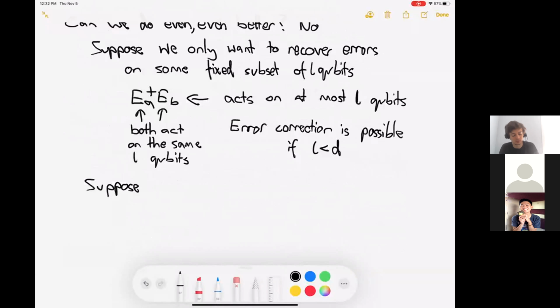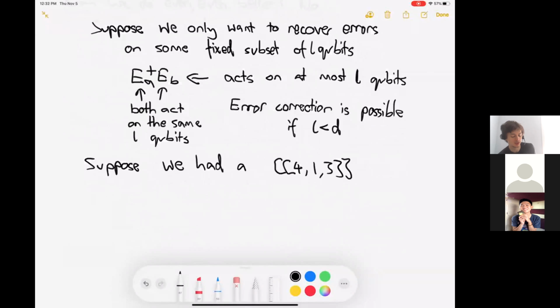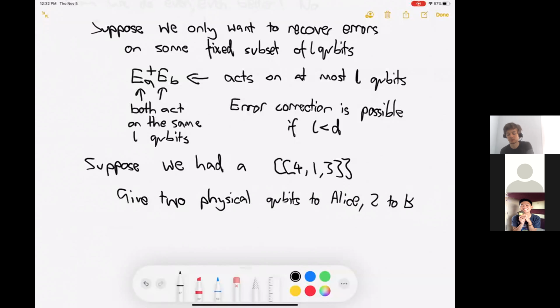Suppose we had a 4-1-3 code, right? So it can protect against arbitrary errors on 1 qubit, i.e. D equals 3, but it's encoded in only 4 physical qubits. Then what we can do is give 2 of the physical qubits to Alice and 2 of them to Bob.